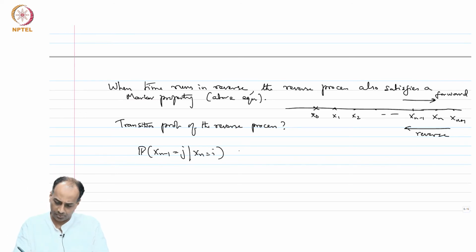Okay. This I can just use Bayes rule, basic conditional probability, to write the probability that xn equals i given xn minus 1 equals j, times the probability that xn minus 1 equals j, over the probability that xn equals i.